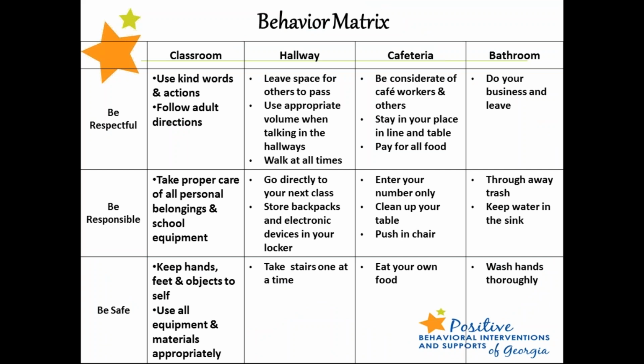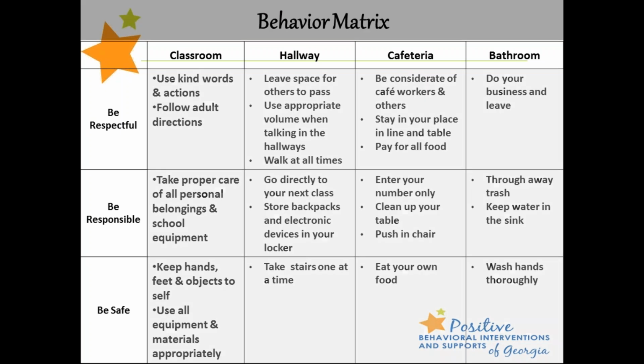This is a school's behavioral matrix. It identifies key school expectations and rules for how to follow those expectations in key settings. Your school may have already developed generic rules that apply to all classrooms. However, you also need a classroom matrix, which identifies what it means to follow the expectations during various activities in your particular classroom.